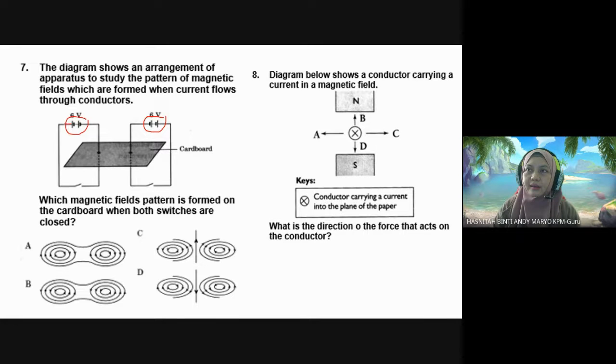Current flows in this direction. Okay, when the switch is closed, current flows in this direction. So on top it flows out. We look at the top one. So here current flows out of the paper. Okay, flow out. This one on the left. On the right, how does the current flow? So this is the positive terminal.